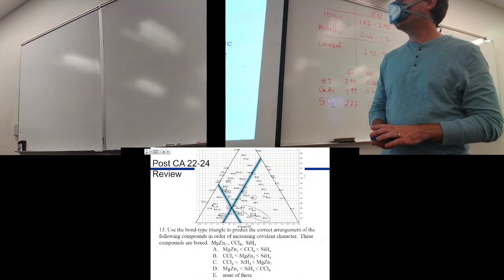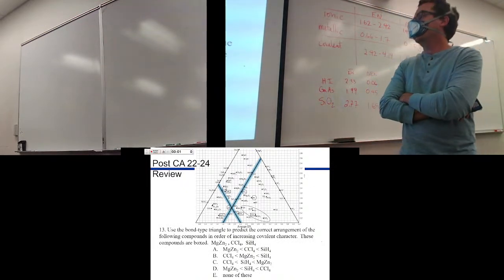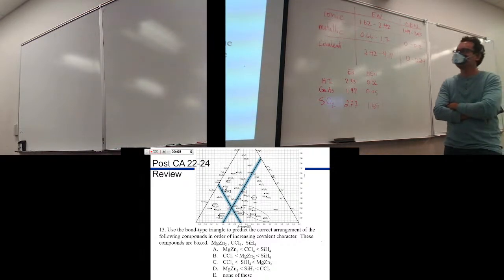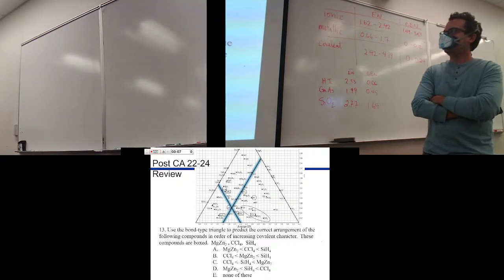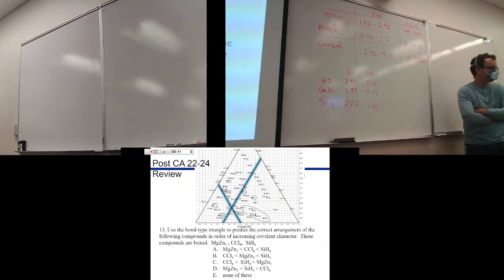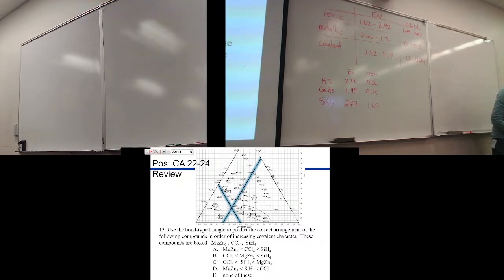Okay, use the bond type triangle. Rank them in order of increasing covalent character. These are the boxed ones. This you could do without the triangle, I think. But it's helpful.